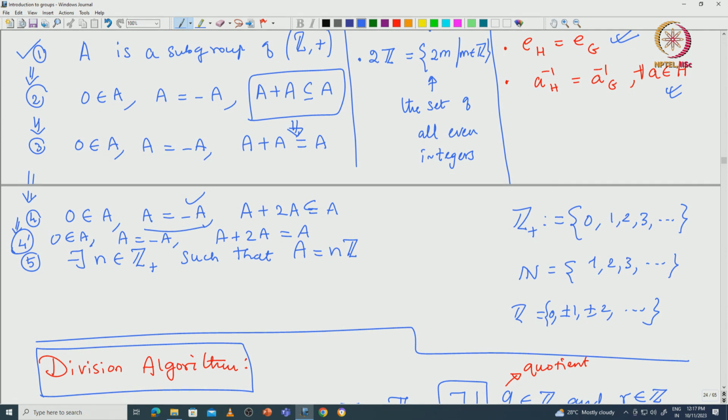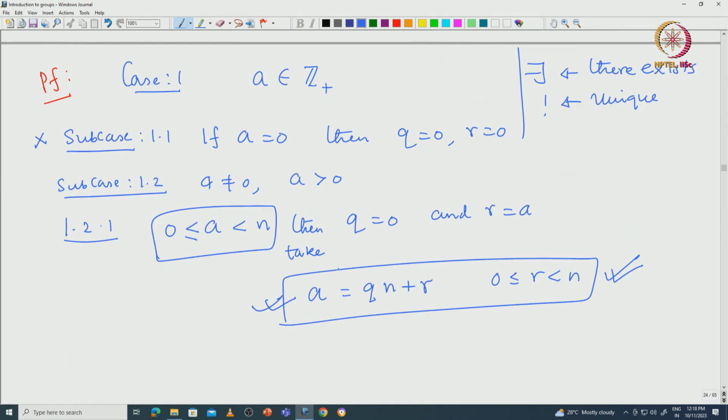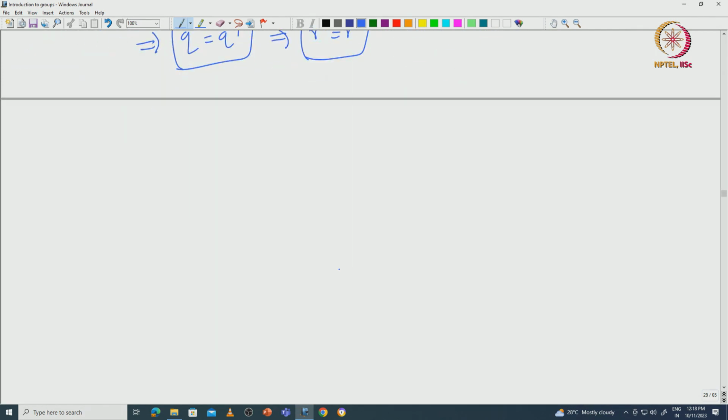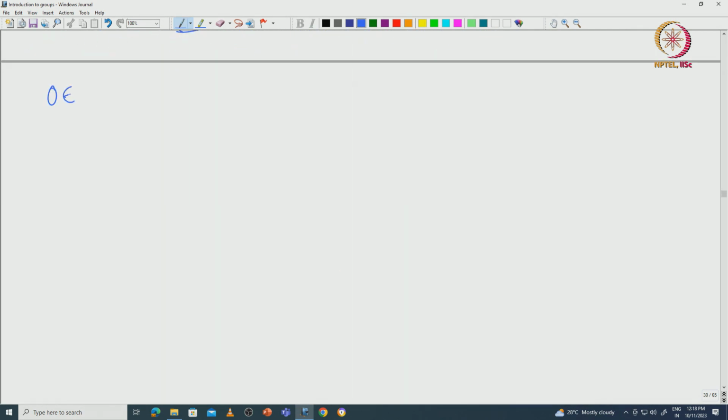So, what is non-trivial? The non-trivial thing is 4 dash implies 5. That means you assume that 0 is in A equal to minus A, and then A plus 2A is equal to A or subset of A, does not matter.